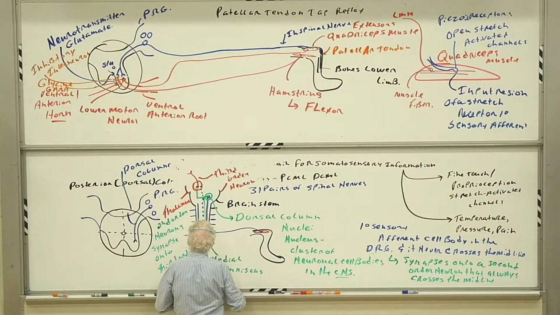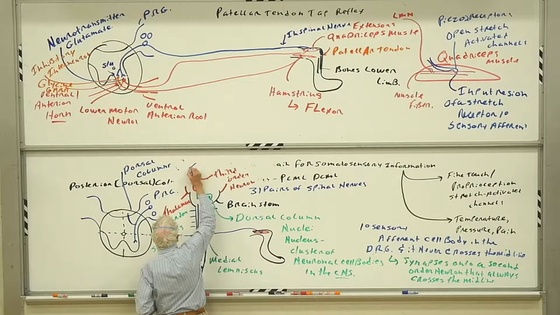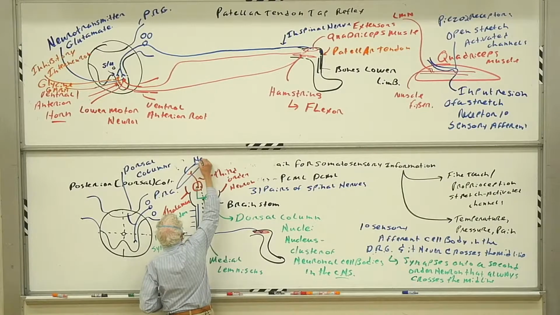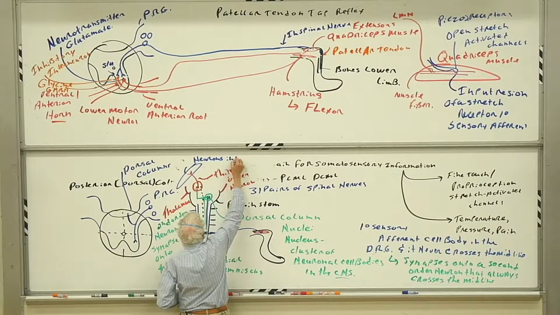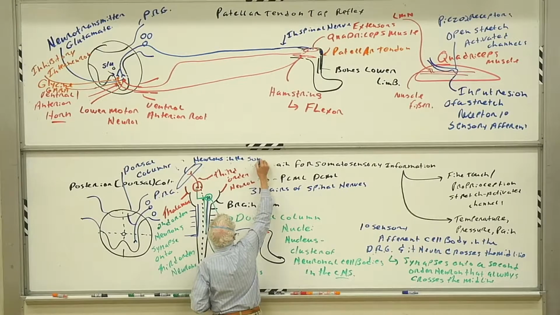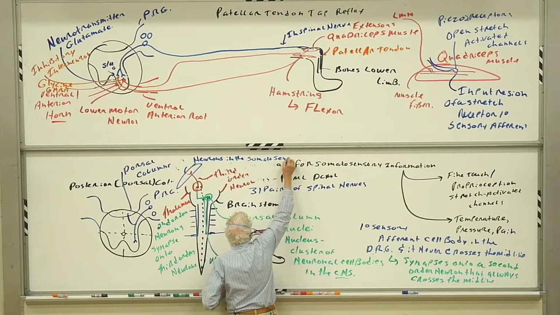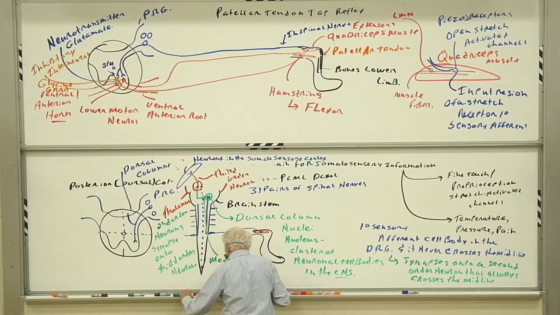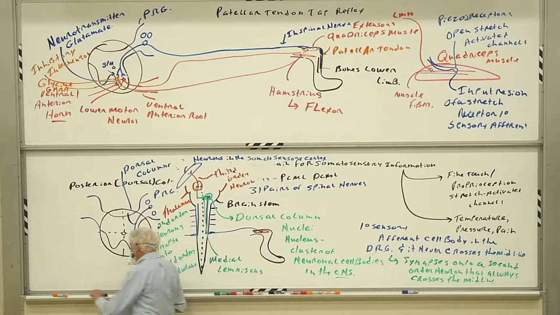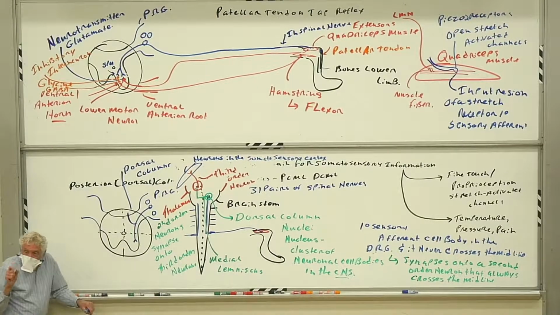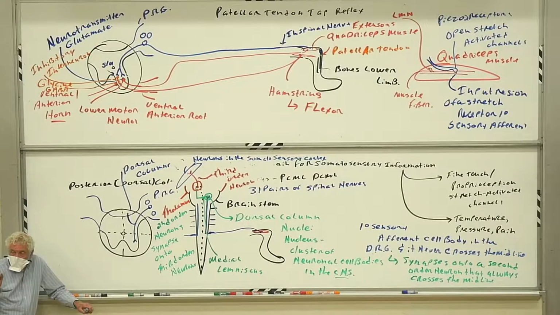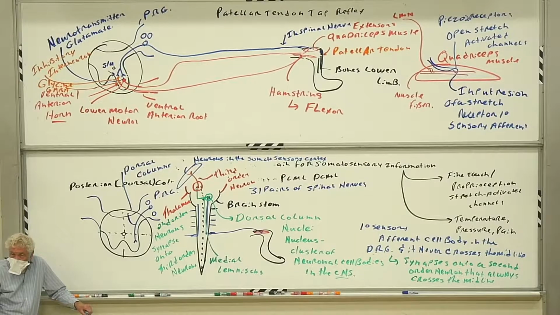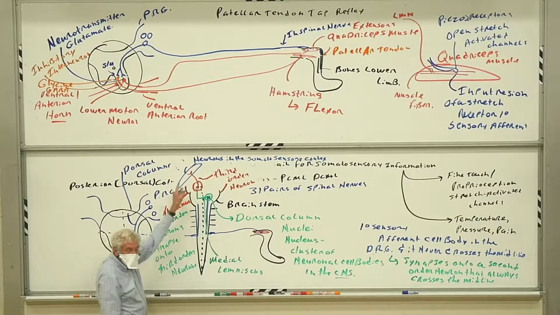And the third order neurons now will synapse onto neurons in the somatosensory cortex. So that's how we deliver information to the brain. And we'll deliver information to the brain about fine touch, discriminative touch, and proprioception through this pathway.